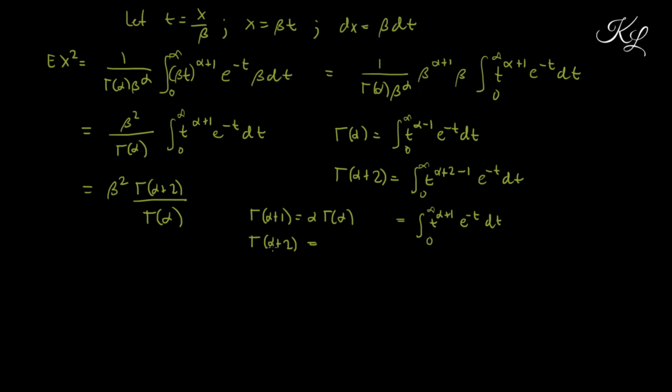So in here we have alpha plus 2 minus 1, which is alpha plus 1. Then also this is alpha plus 1, similar to that above. Now for gamma of alpha plus 1, we're gonna use this one instead. So we get gamma of alpha plus 2 is equal to alpha plus 1 times gamma of alpha plus 1, then this one, alpha times gamma of alpha.